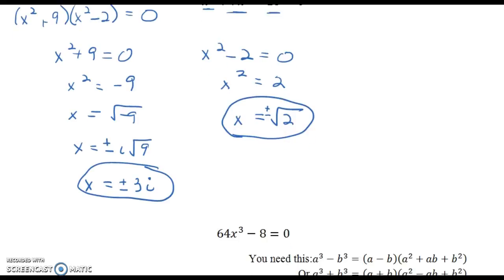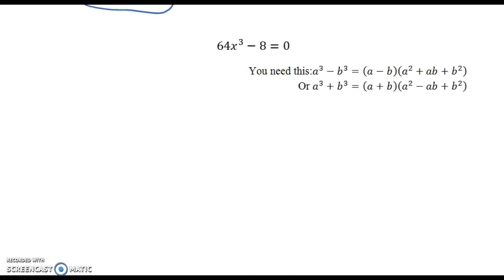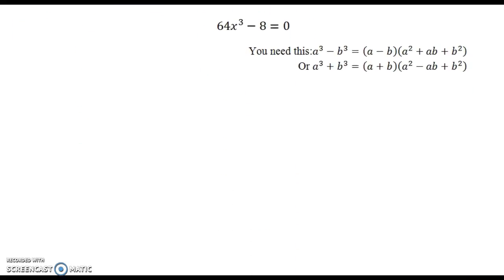Okay, so the next one we're going to do is a cubic. Cubics are just a little bit different. In our case, the first thing we're going to look for with cubic equations is anything we can factor out. And I can, but I'm not going to, and I'll explain that in a minute.